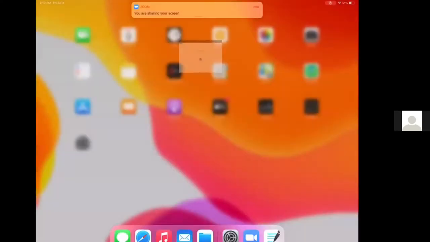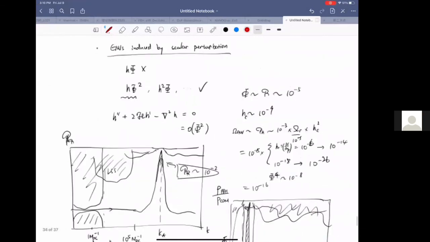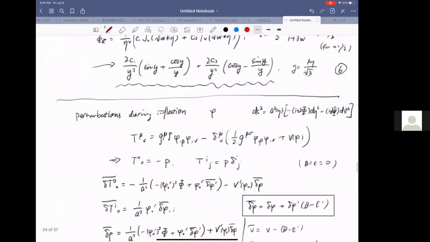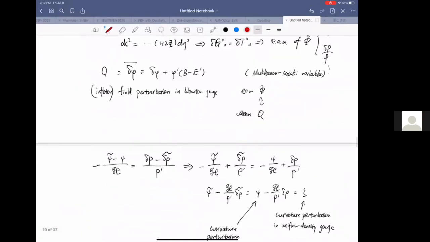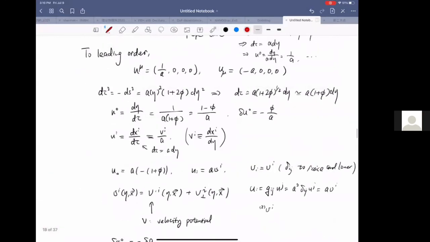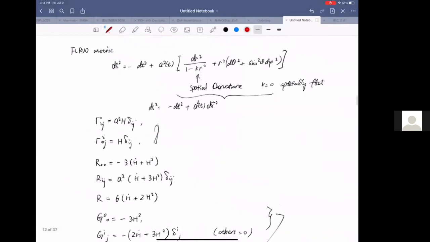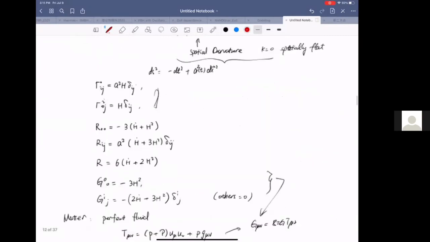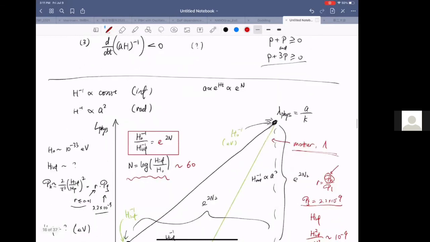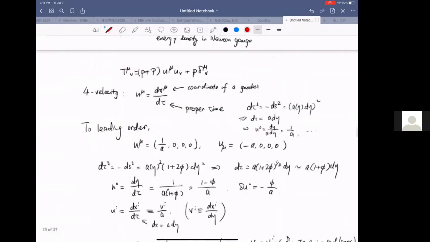I hope you can learn from what I have shown before. That's something from 2 days ago for the gauge issues. Oh yeah, it's here.